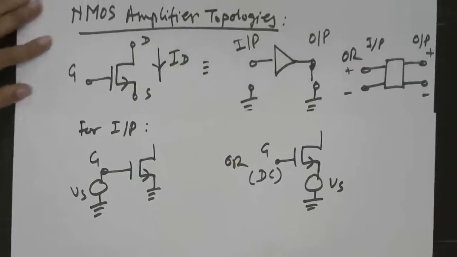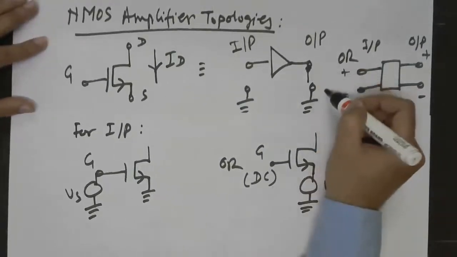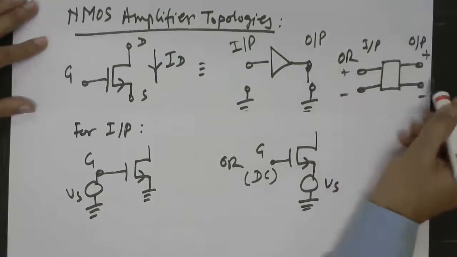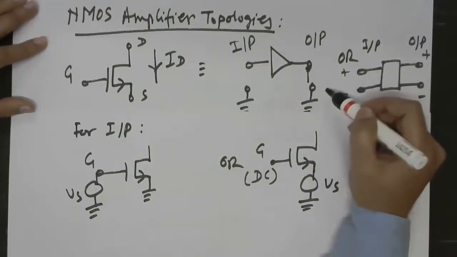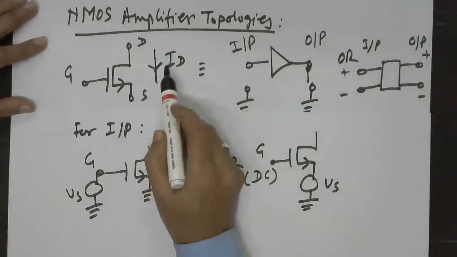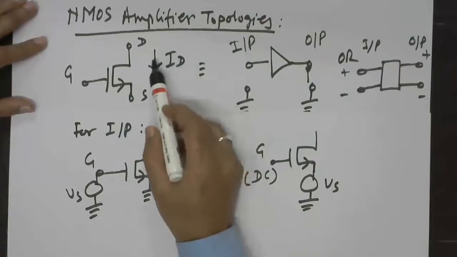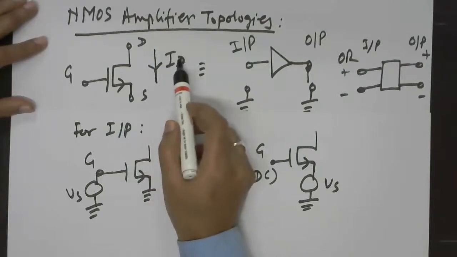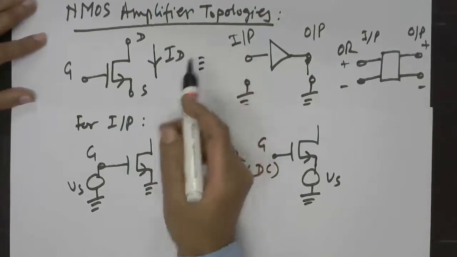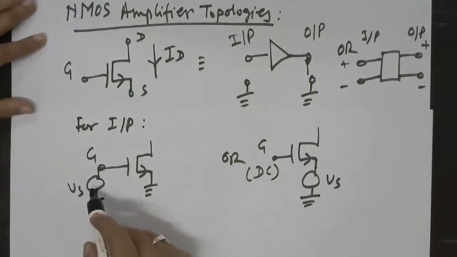Now you see, what is our ultimate goal? There will be a load connected here at the output side, whether in this configuration or in this configuration, and the load will inevitably experience the drain current, at least definitely the time varying part of the total drain current, because it is that part which we are interested in, resulting from this time varying voltage.